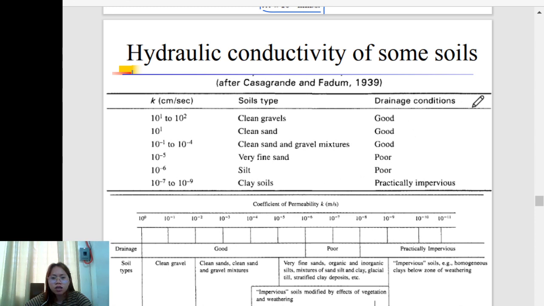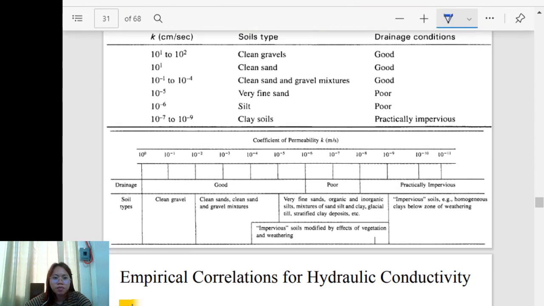So, for drainage conditions, we have the assessment. Clean gravels, that is good. Up to clean sand and gravel mixtures, good. But starting at very fine sand, it is poor. And the clay soils are practically impervious, meaning impervious is that water cannot pass through.